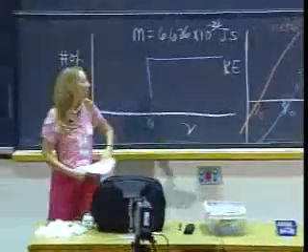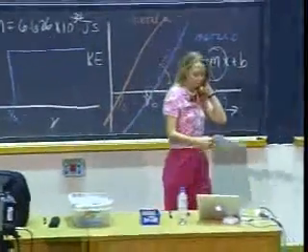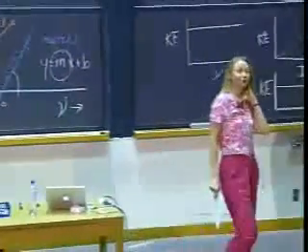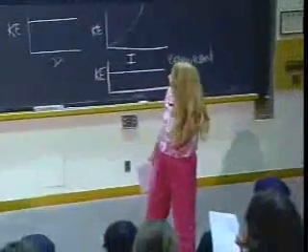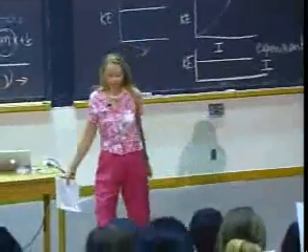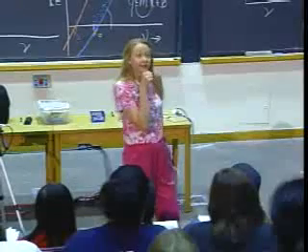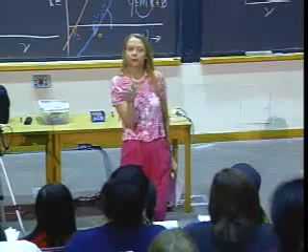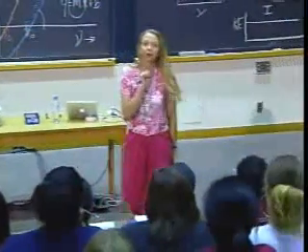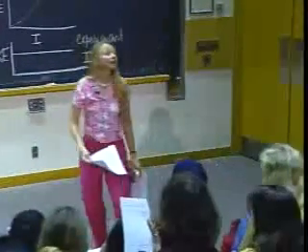No matter what metal he looked at, the value of the slope was 6.626 times 10 to the minus 34 joule seconds. So what, you say? Well, it was very interesting to Einstein because just a few years before, there was a gentleman who was analyzing what's called blackbody radiation data.